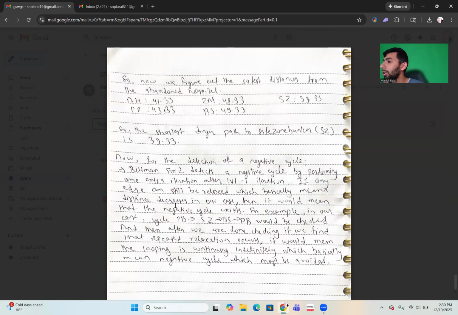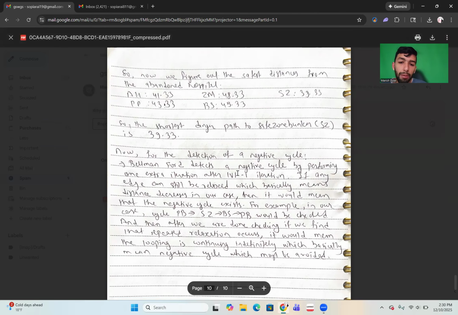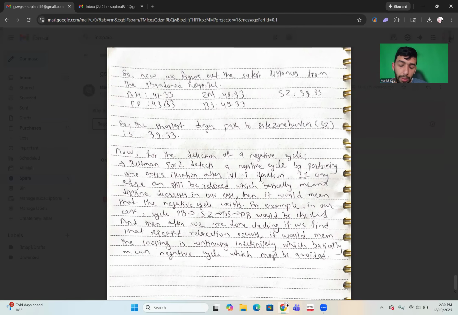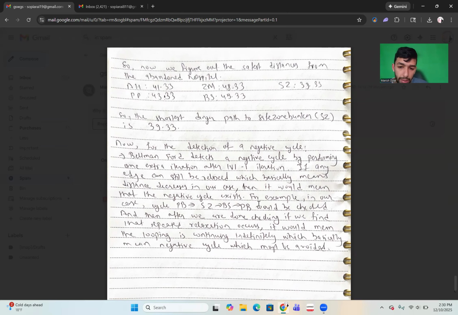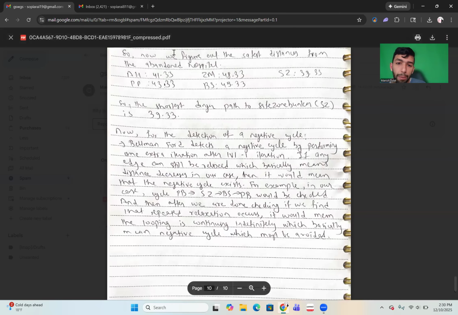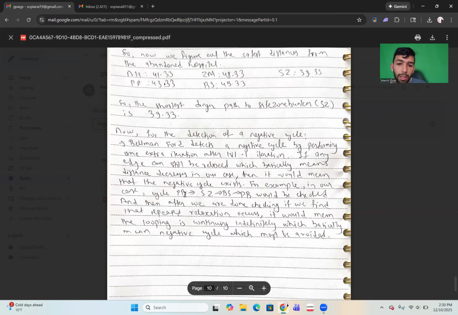And I think there is one other question for 4 points which says explain how Bellman-Ford detects a negative cycle. For the detection of a negative cycle, Bellman-Ford performs one extra iteration. If any edge can still be relaxed, which basically means distances decrease, then it would mean that a negative cycle exists. And I've given an example from whatever we did earlier up here.